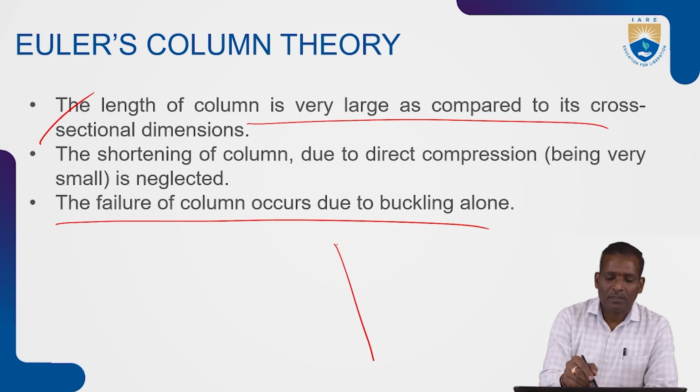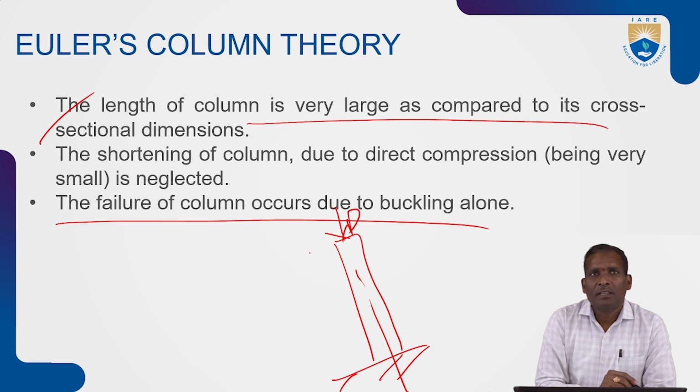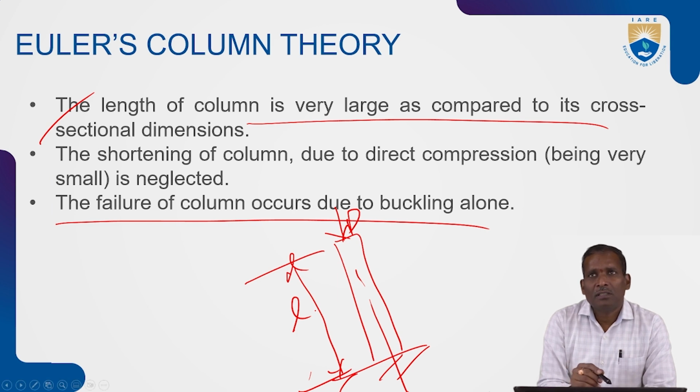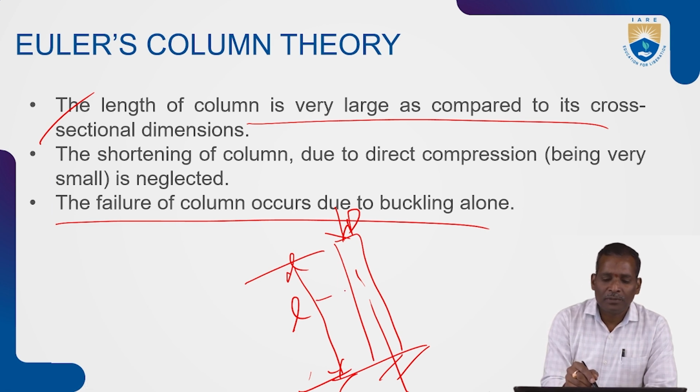Whenever the column is like this, the load is acting. The length of the column, L, is very large when compared to the cross-sectional dimension of the column, this is the diameter.